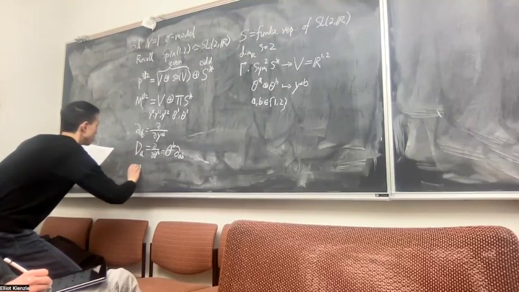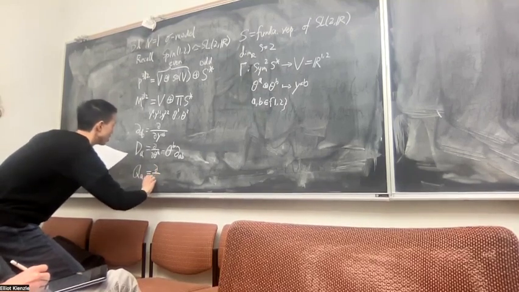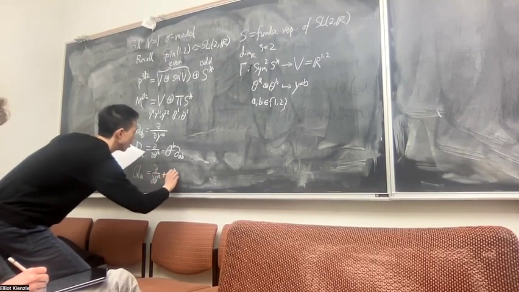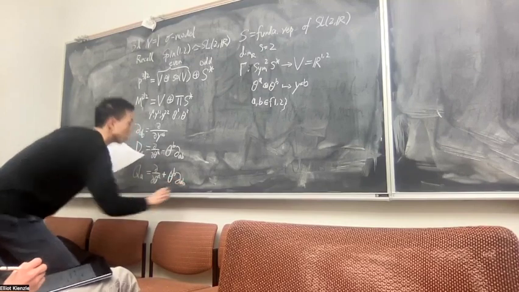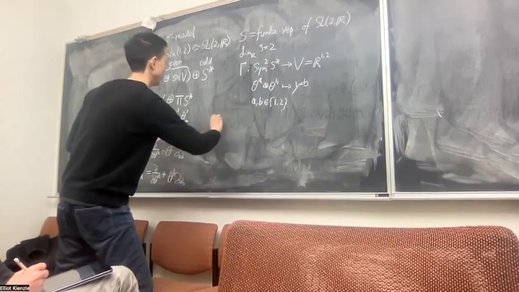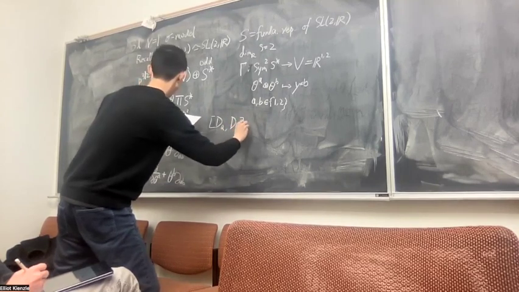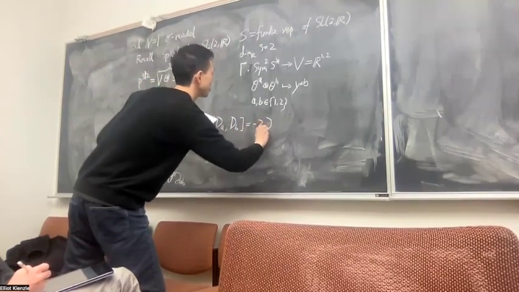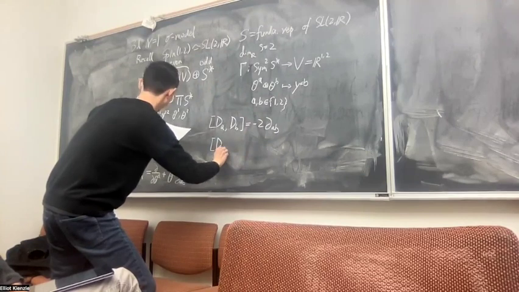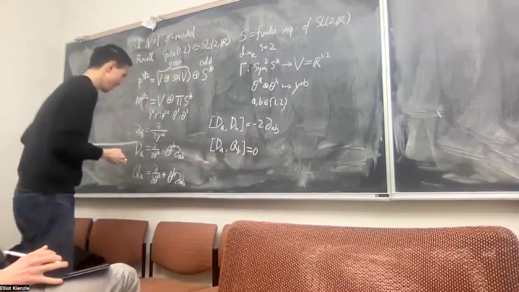And also you want to define your supersymmetry generator Q to be the same thing with the plus sign. And I'll write the relations here. If you commute D_A and D_B, this is going to be -2 times partial_AB, and of course D_A and Q commute with each other.